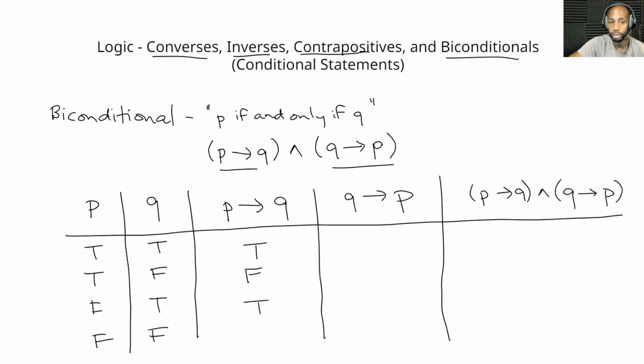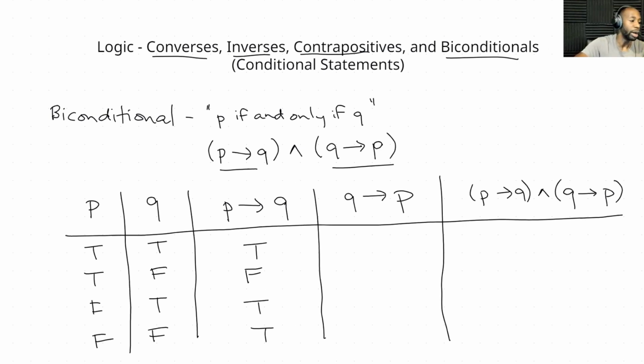But if P does happen, then Q is supposed to happen. That's why this one ends up being false, but it doesn't work the other way. If P doesn't happen and Q doesn't happen, this could be true too, because Q can happen if P doesn't happen, and it could also not happen if P doesn't happen. You see? I know it's a lot. Just let it sit, let it marinate.